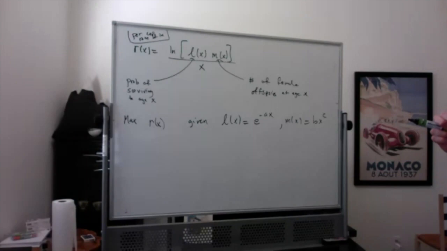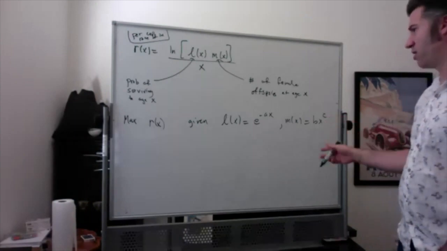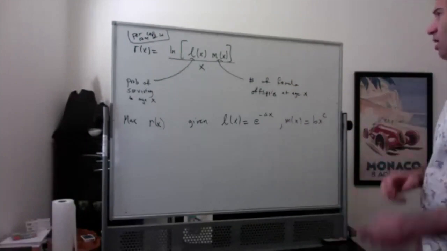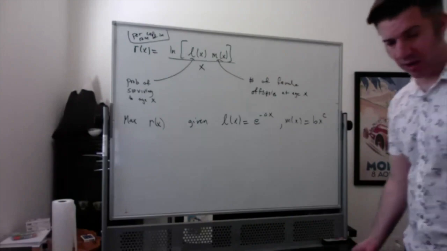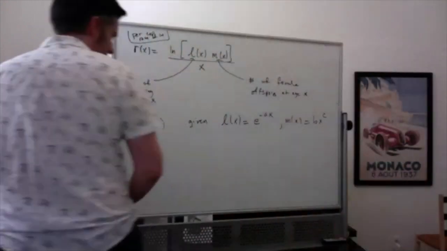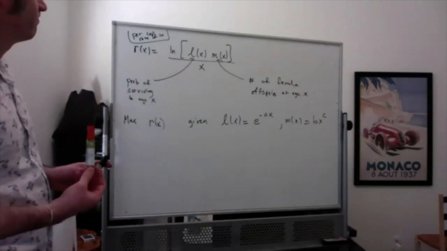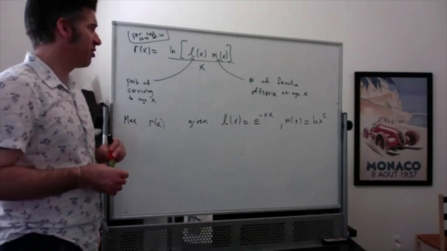And it's debatable whether or not you want to plug those in right away or not. And I'm really not sure. Yeah, so I know I want to maximize this, so I want to find R prime equal to 0. And I have some ideas here. I'm just not sure if they're all good.